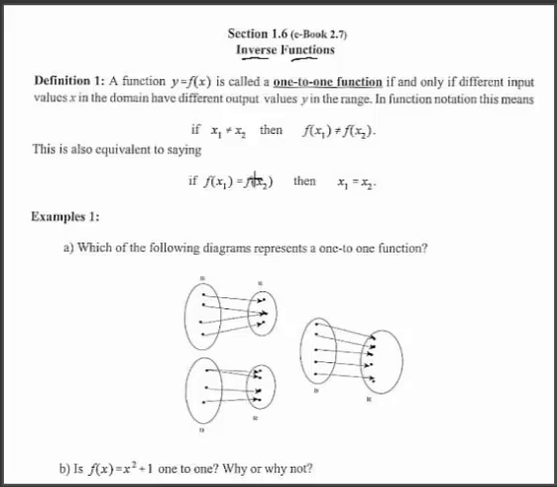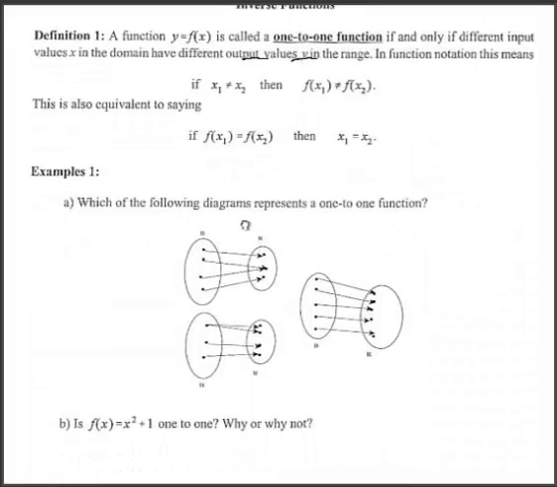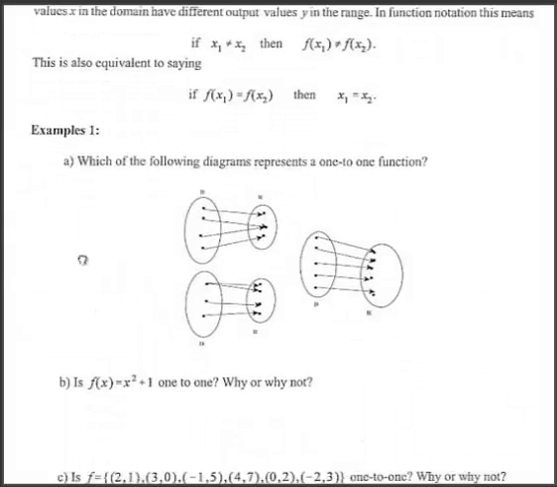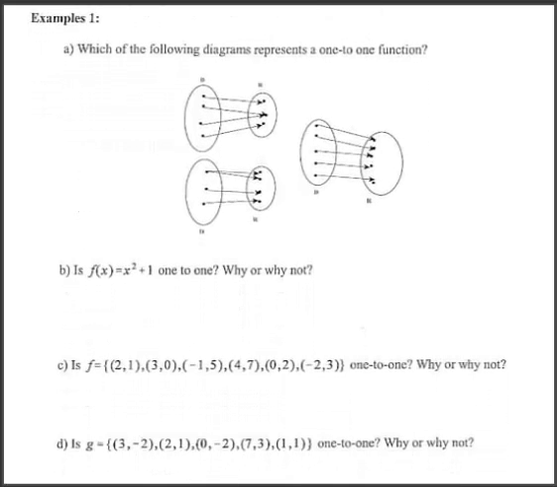Okay, and as with anything in mathematics, it's a lot easier to show you than to tell you. So we will get started with the examples. Much like we started out with talking about functions, we're going to start out with arrow diagrams.